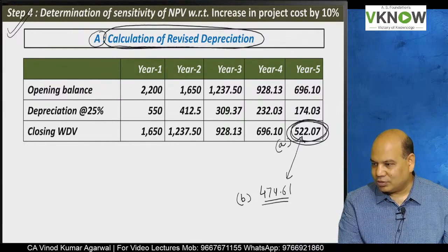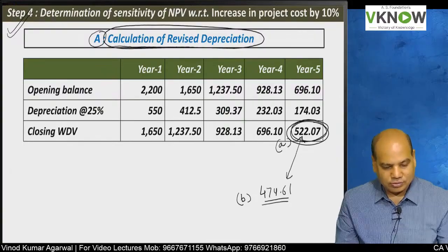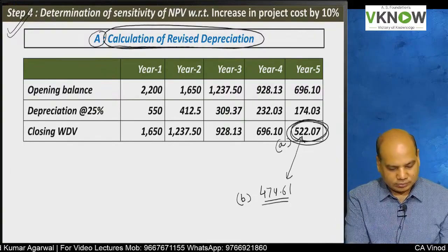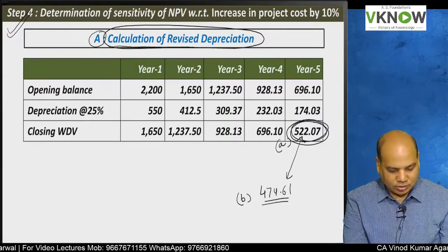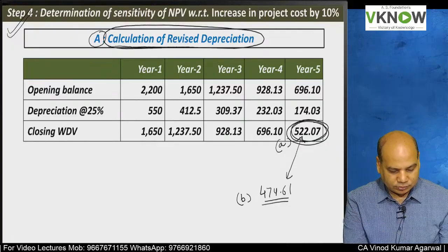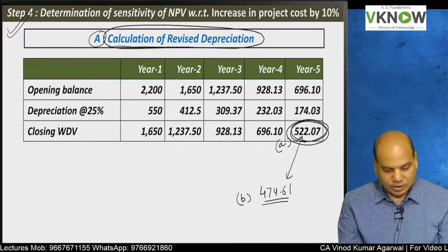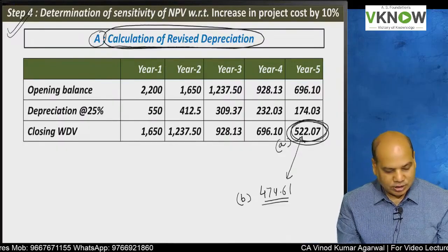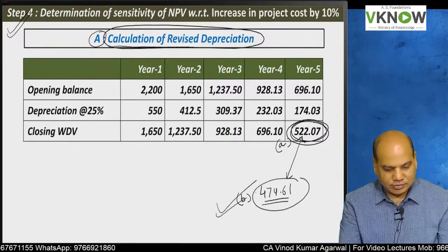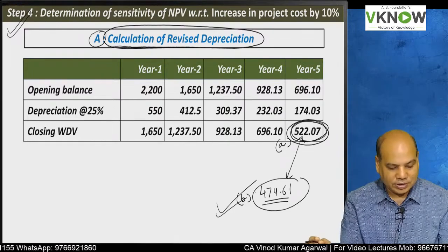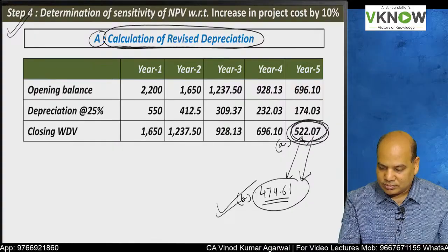While writing salvage value, which option will you exercise? Some students are saying 474.61. Some are saying 522. The correct answer is 474.61. Same value will take, will not change ourselves anything. But what about the loss?